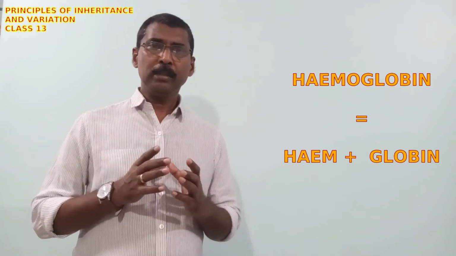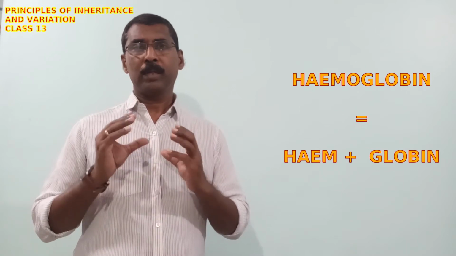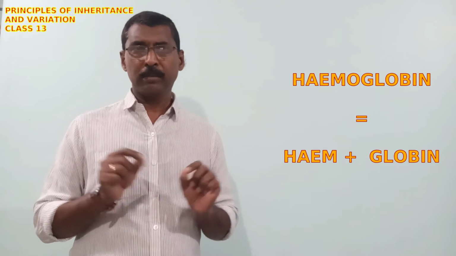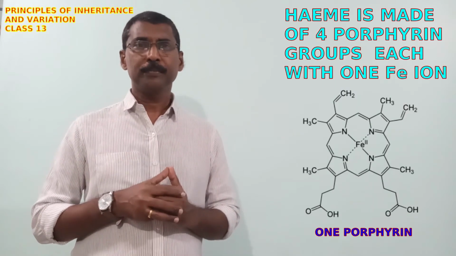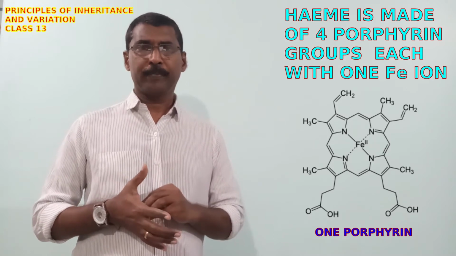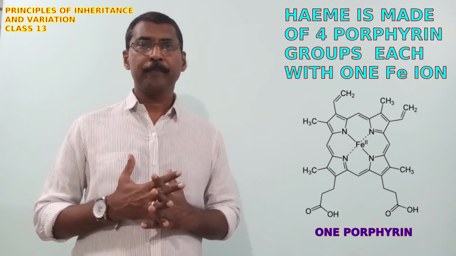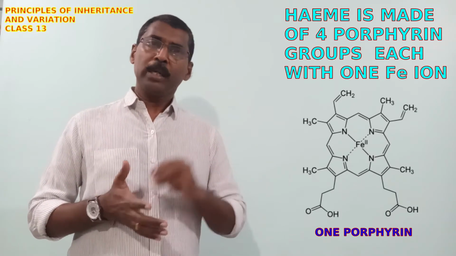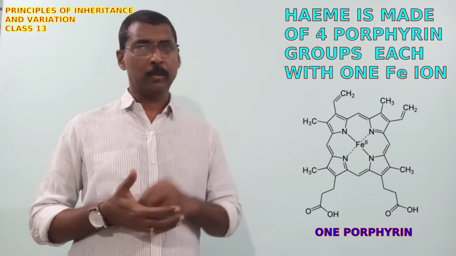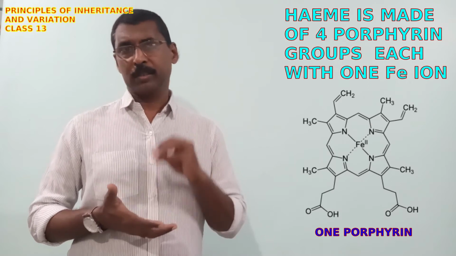The heme is an iron containing chemical group called porphyrin. The details you did not study. Each porphyrin group has an iron. Four such porphyrin groups are there, and this is the heme part. So four iron atoms are there in a hemoglobin molecule that carry the oxygen.